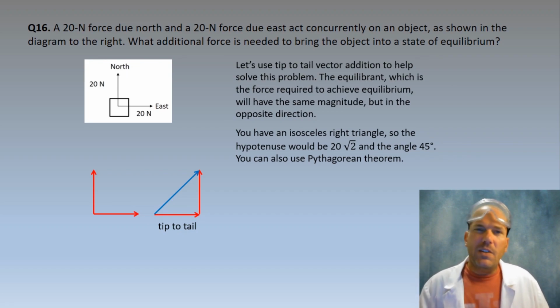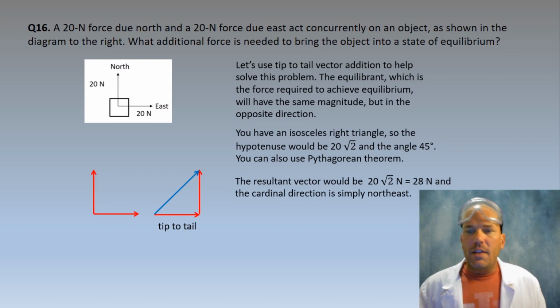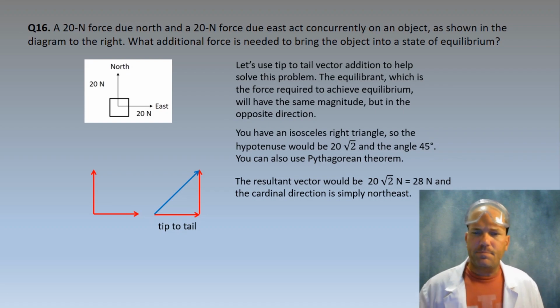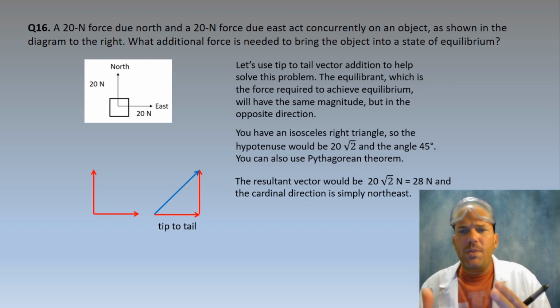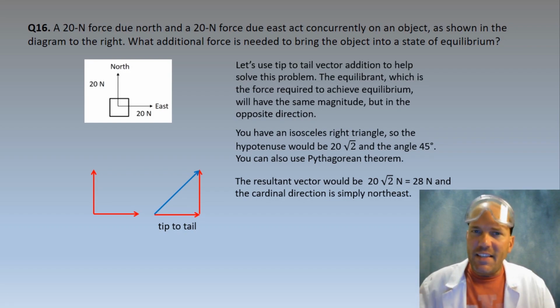And so we can use the Pythagorean theorem to find the hypotenuse or resultant vector. In this case, it's equal to 28 newtons. And the cardinal direction in this case is northeast. Okay, so remember, if it's at a 45-degree angle, we can simply say northeast.